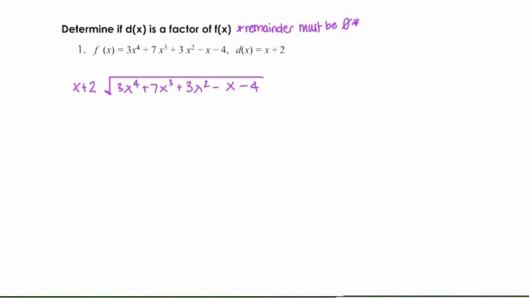You want to look at the first term in your d of x and figure out what you have to multiply it by to get to the first term in your f of x. We have x and we need to get to 3x to the power of 4.